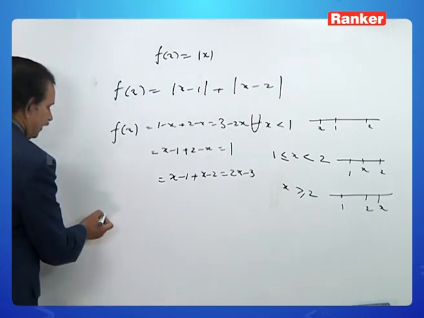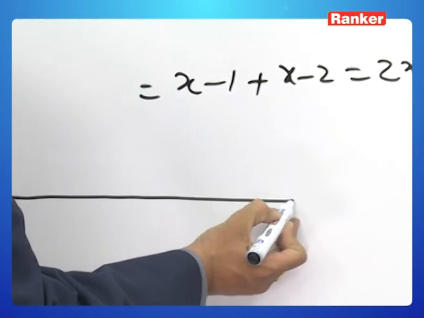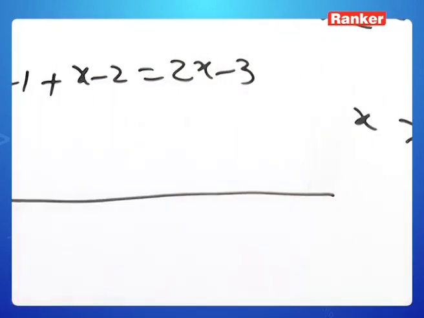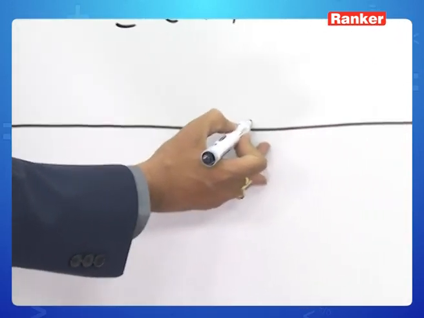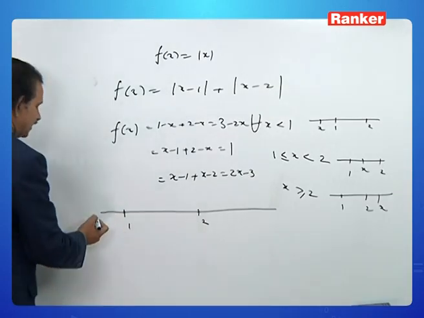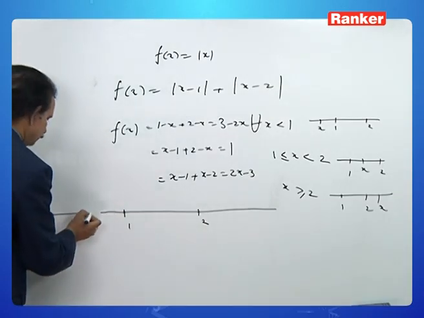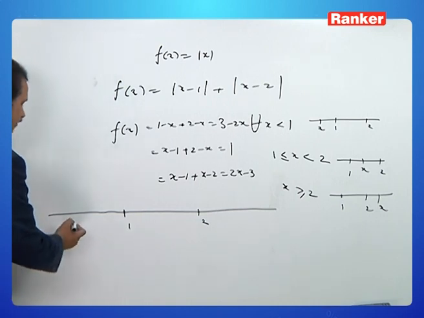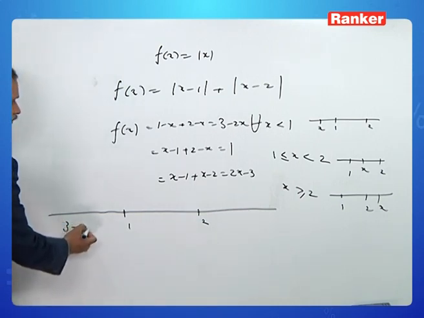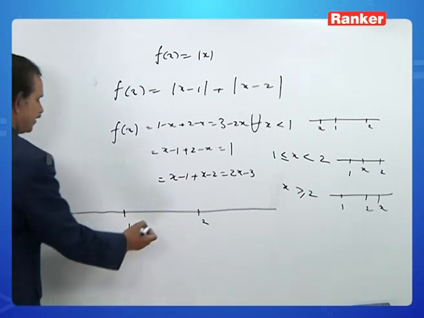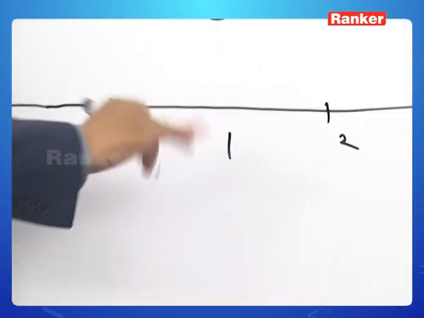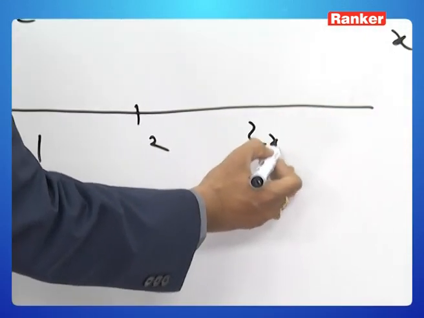Well, as before, let us now observe pictorially. This is 1. This is 2. For x less than 1, it is 3 minus 2x. Between 1 and 2, it is 1. Above 2, it is 2x minus 3.